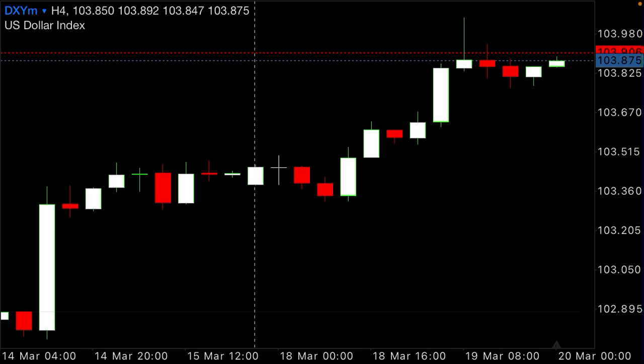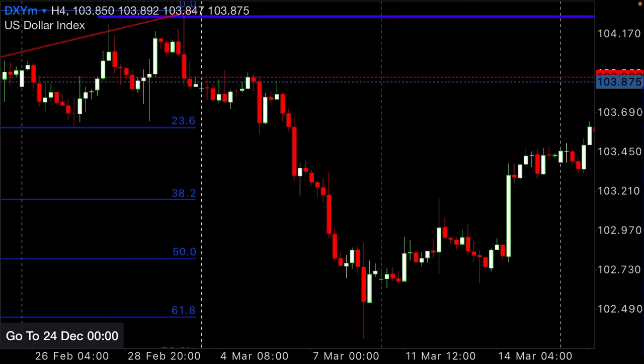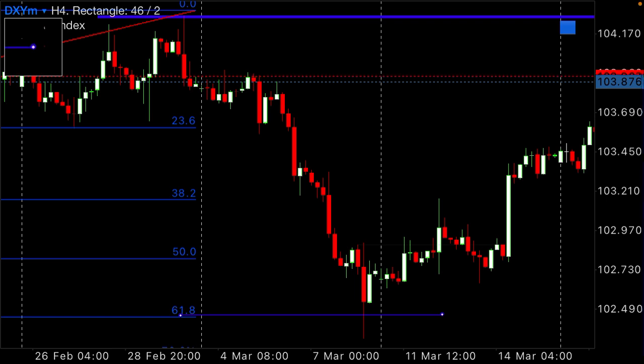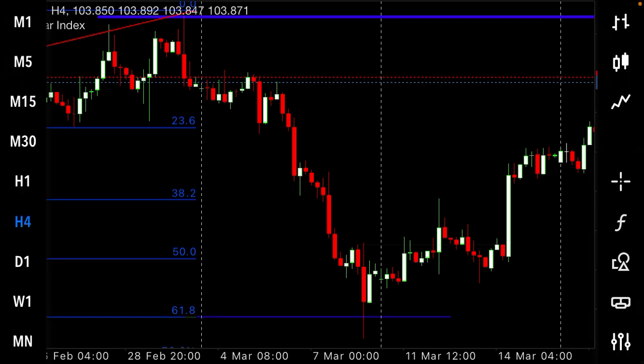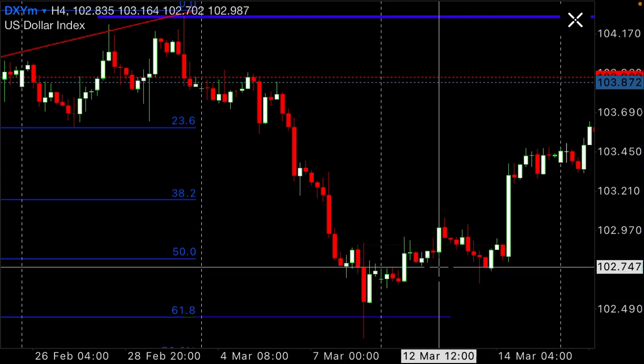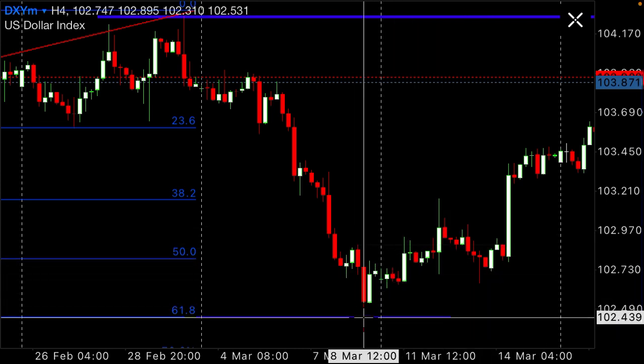So I switched to the smaller time frames, and I was aware that okay, we reached the 61.8% retracement level, and then we started moving higher, shifting market structure above that high. See, notice how you don't have to be inside this level.